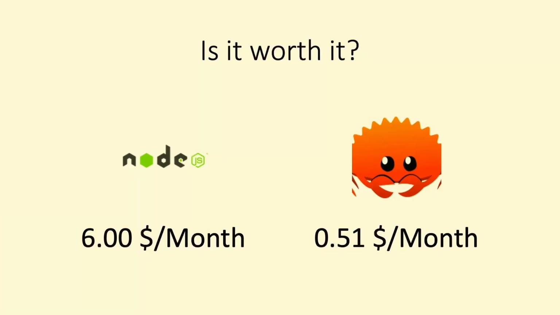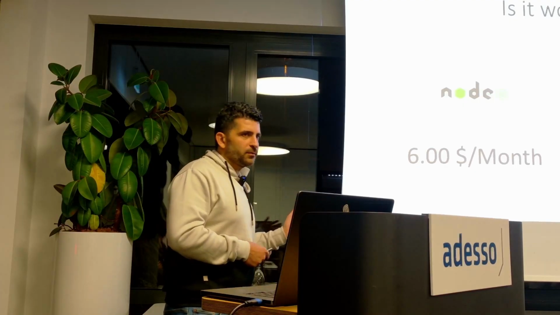Which means it isn't worth it if you only do it for that function. But if you have hundreds or thousands of Lambda functions, or you move everything to that, then it will start to make a big difference. So again, that was the reason we didn't go through with that. We're still using the node function just because we don't have Rust developers.